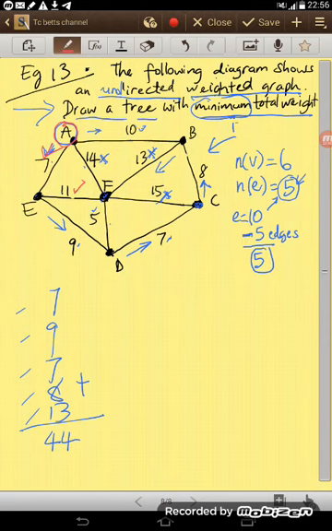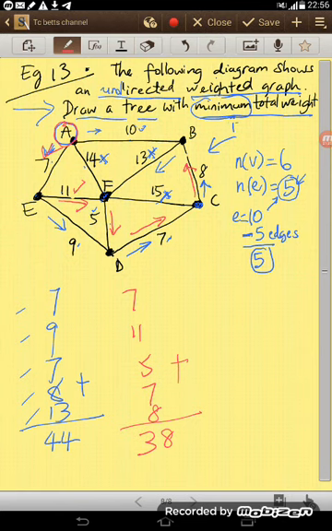I go here 11, and then I can go here 5. So 7, 11, 5, and then I go here 7 again, and then 8. So if you total up here, you'll get 38.